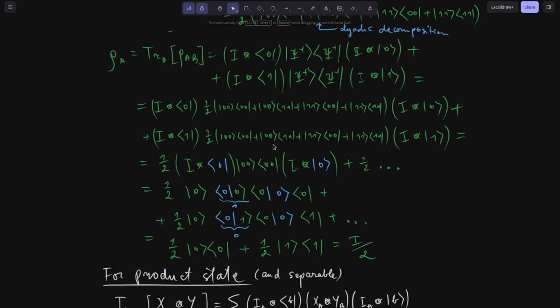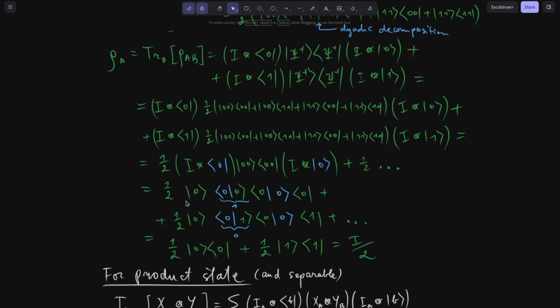And as you can see here, we actually use the linear property, because this state is separable, but it's not a product state. But because it's separable, we can write it as a sum of product states.